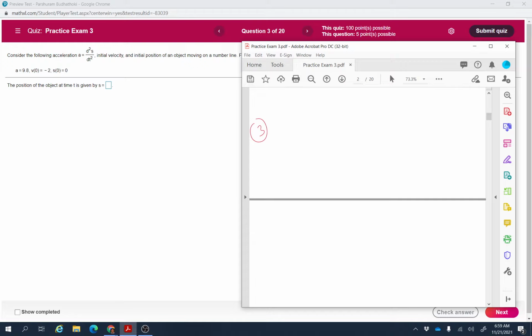We know the velocity is the integration of acceleration, that's the relation, and we know the position function is the integration of the velocity.